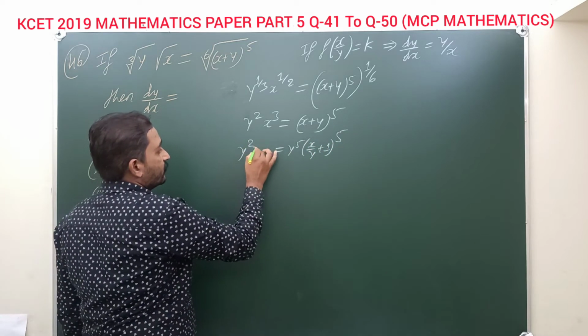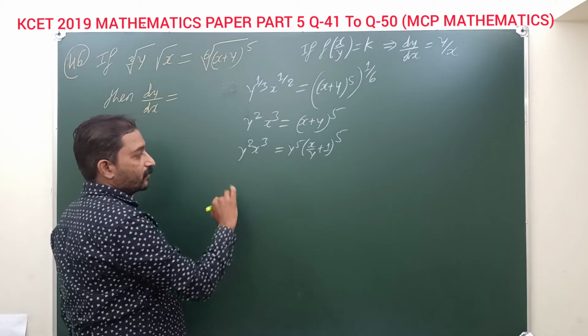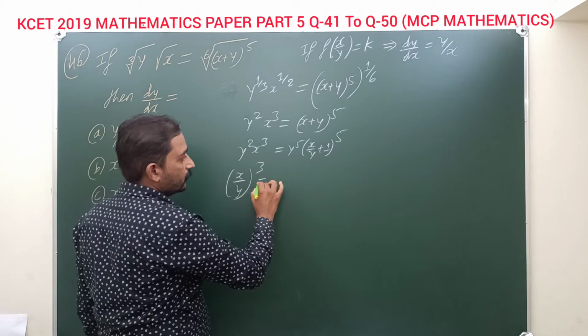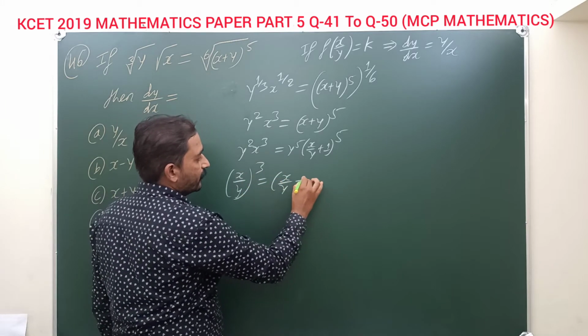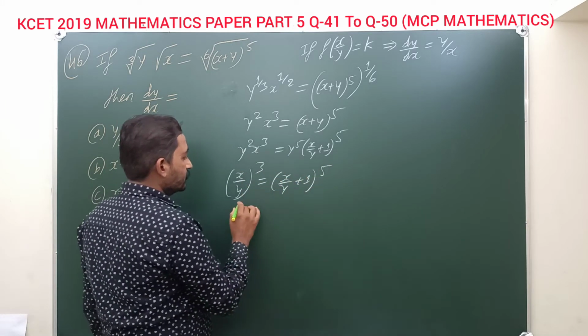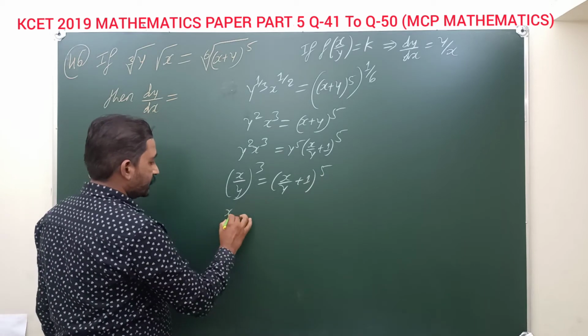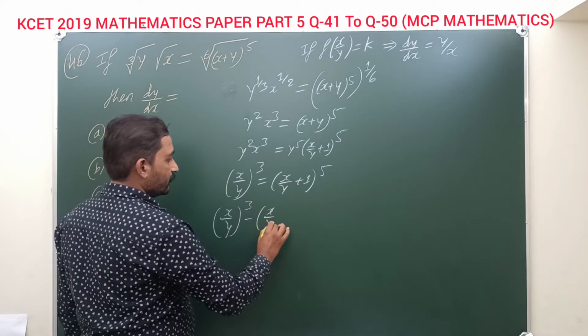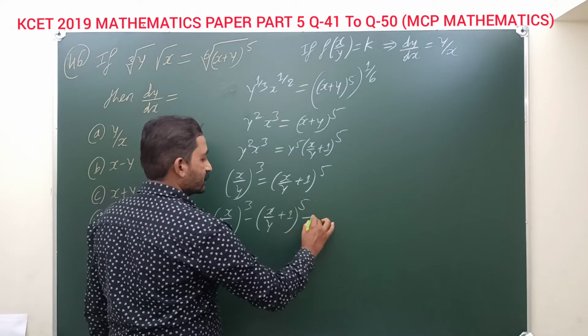On the left hand side, y square into x cube as it is, divided by y to the power of 5 on both sides, it becomes x by y whole cube equal to x by y plus 1 whole to the power of 5. So now it can be written as x by y whole to the power of 3 minus x by y plus 1 whole to the power of 5 is equal to 0.